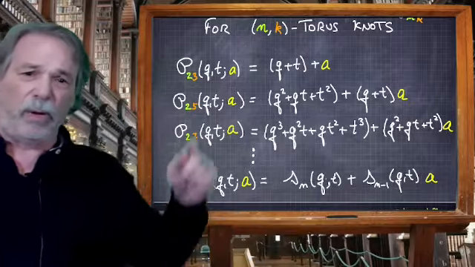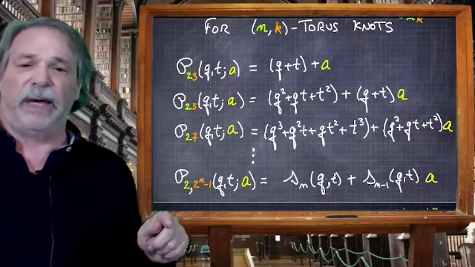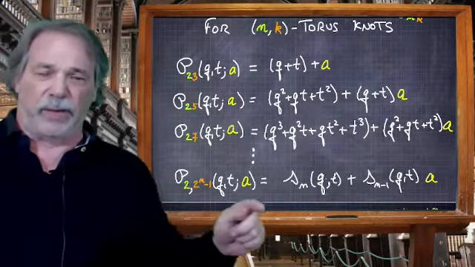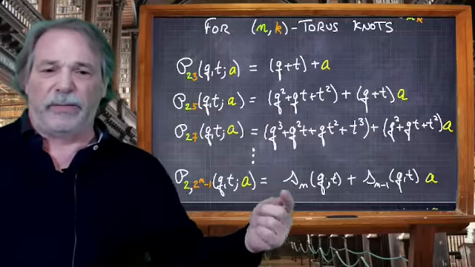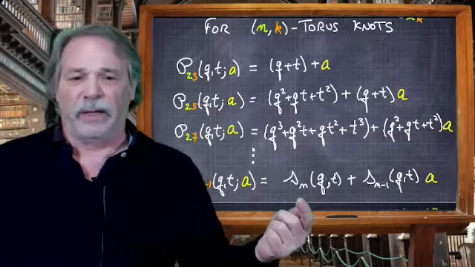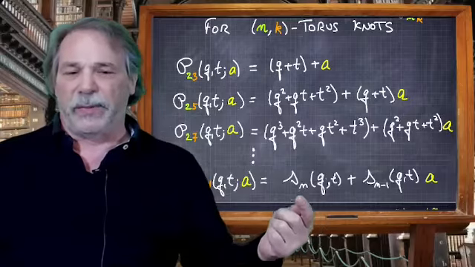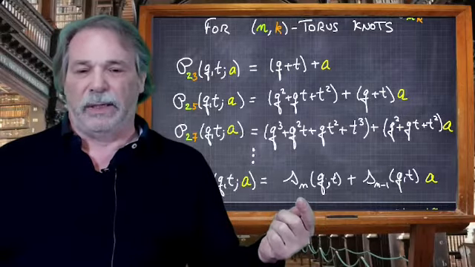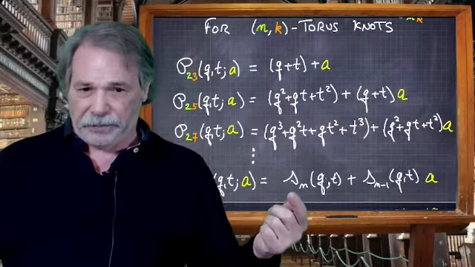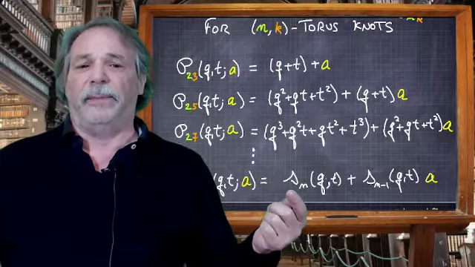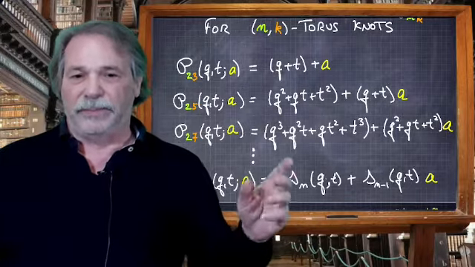So all of these P and K have the same structure, and now I've used a notation here, S_n of Q, T. S_n stands for Schur function indexed by n, and I'll explain why it should be like this in the sequel.